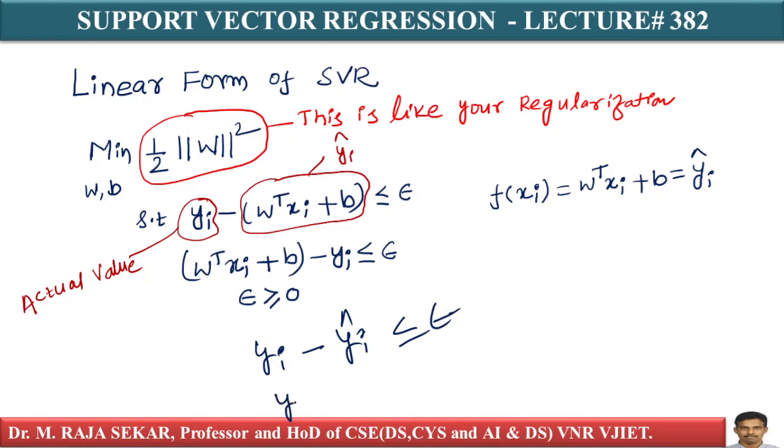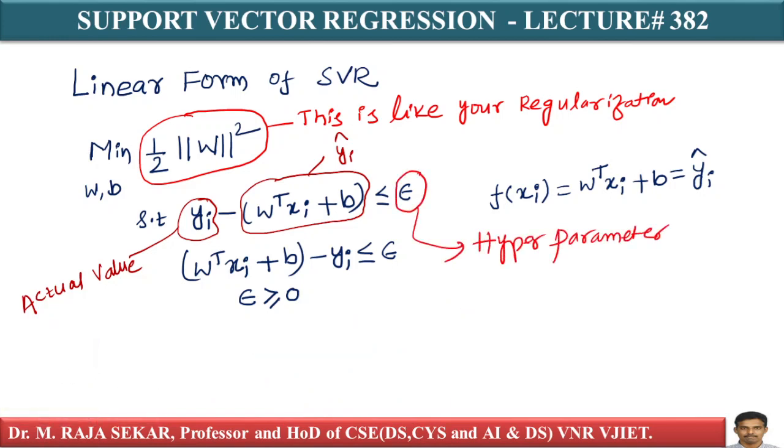Similarly, I want yi cap minus yi less than or equal to epsilon. Here, what is epsilon? Epsilon is a hyperparameter. In the case of SVR, your hyperparameter is epsilon. In support vector regression, epsilon is a hyperparameter.